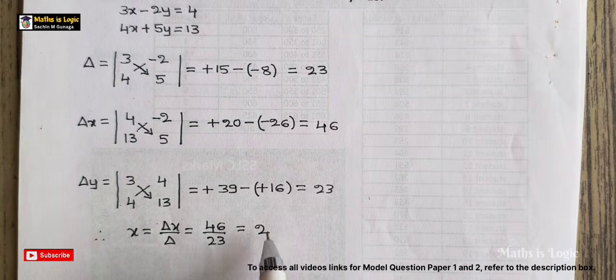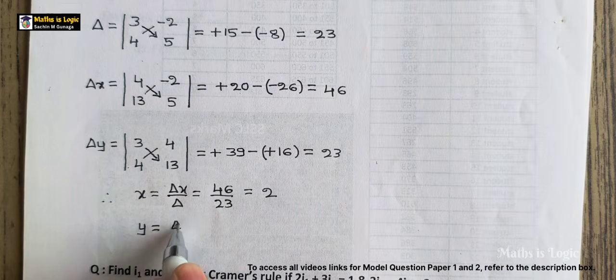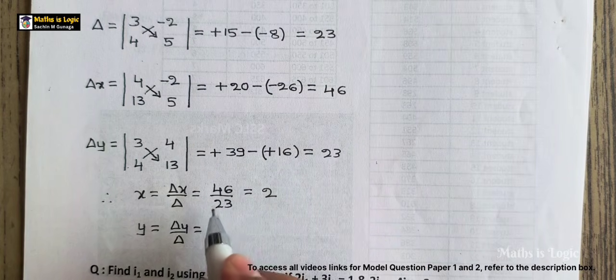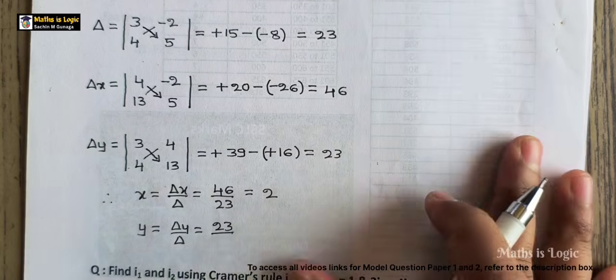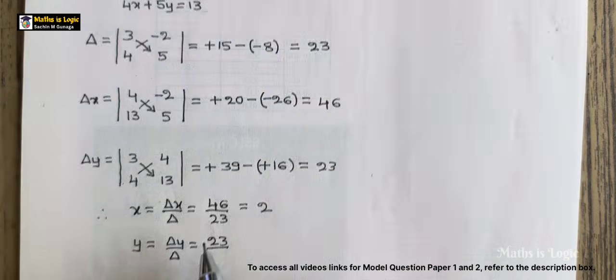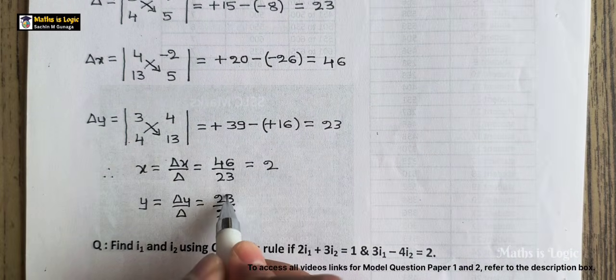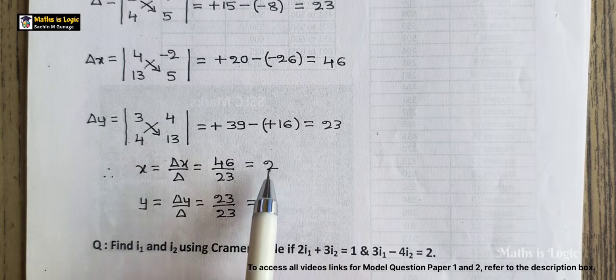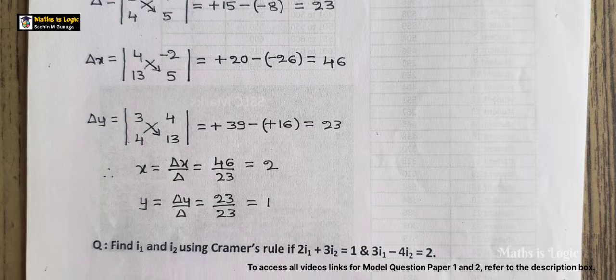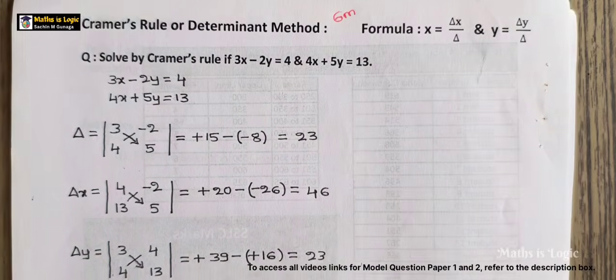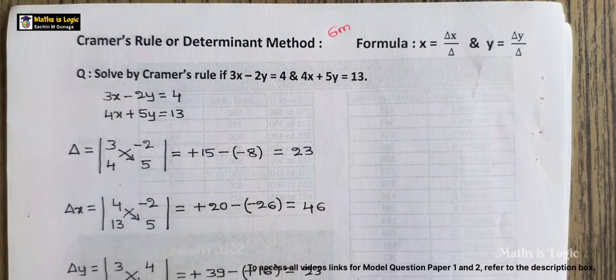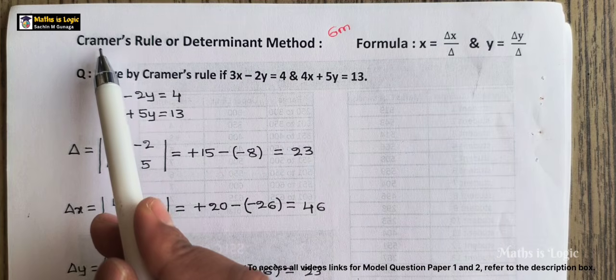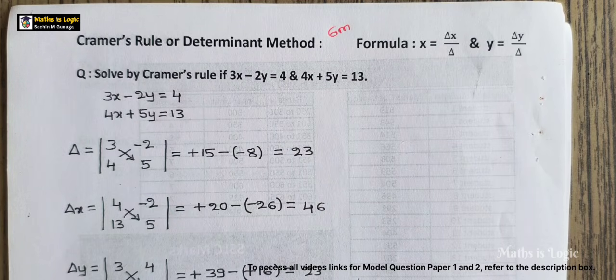So write here 2. Next, the y value. The formula for y is delta y divided by delta. The delta y is 23, divided by the delta value 23. 23 divided by 23 is 1. Therefore x is 2, y is 1. This method is what we call the determinant method, or Cramer's rule.